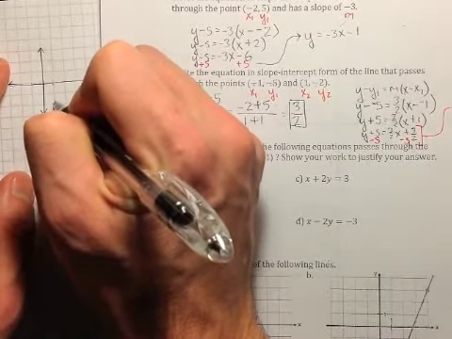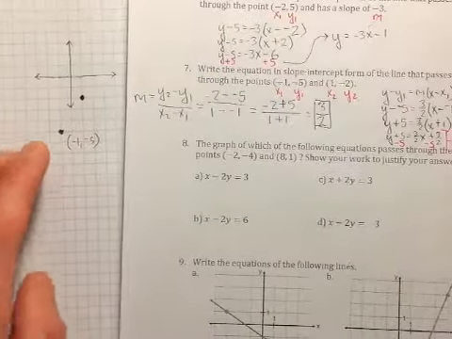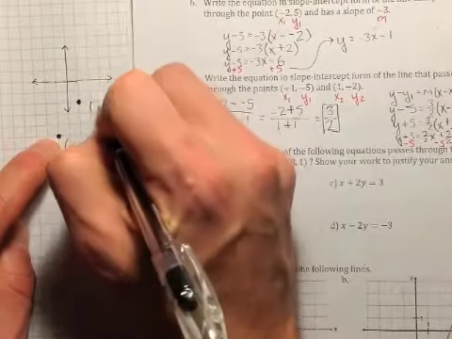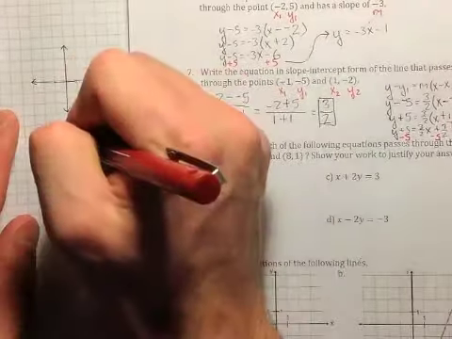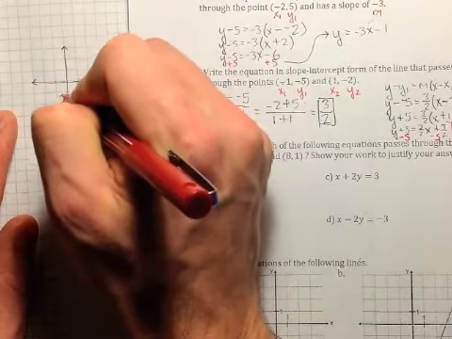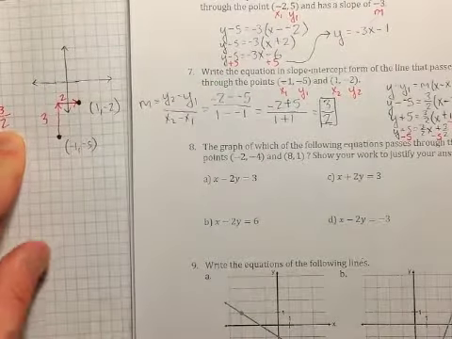Bada bing. So we have our 2 points, and once we graph the 2 points, you can clearly see that the slope is rise 3, run 2. Rise over run, 3 over 2. You can clearly see that.